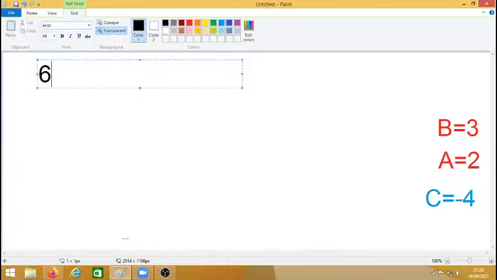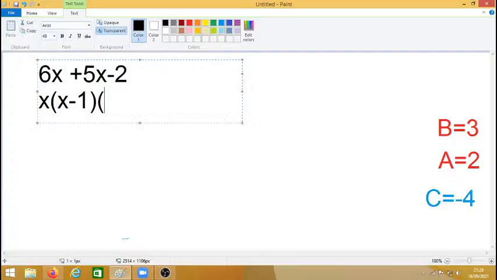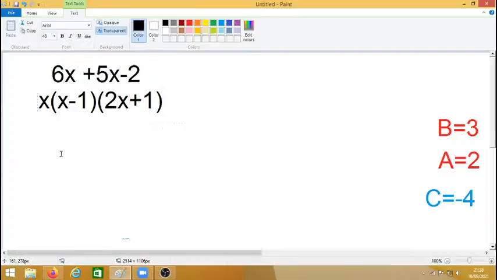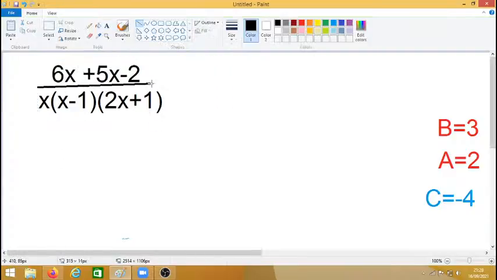So it's 6x squared plus 5x minus 2 on the top. The brackets are x minus 1, x plus 2, 2x plus 1 on the bottom. This is the fraction I'm trying to split. There's the fraction line, and there's the squared.